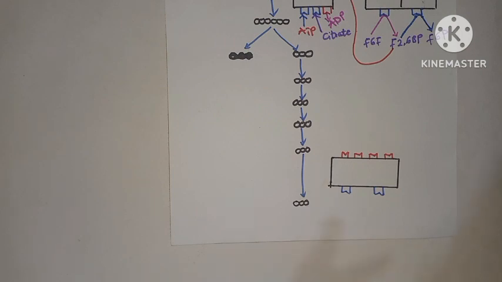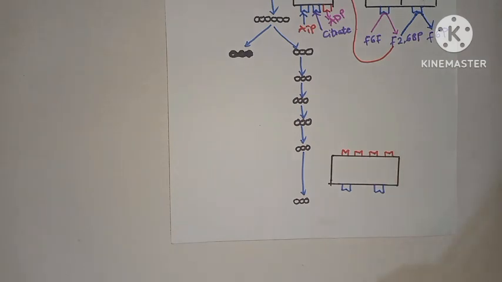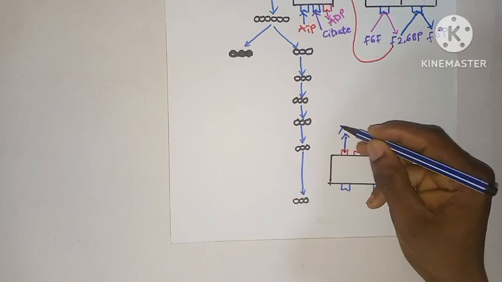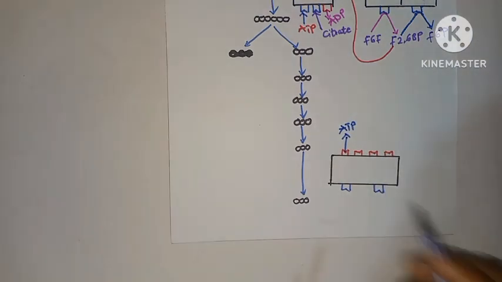So there are many things that inhibit pyruvate kinase. Remember, I said that when there is too much ATP, this enzyme is inhibited.